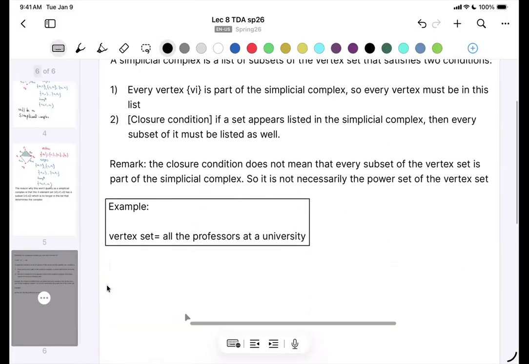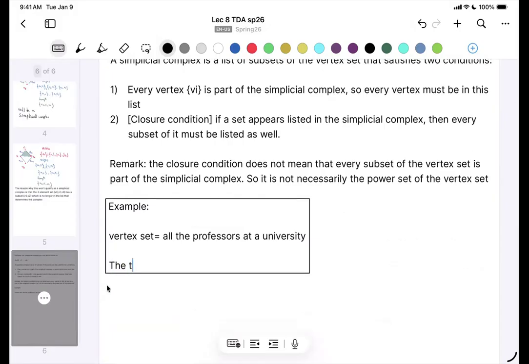And then you want to say that the two element set P1, P2, a set made up of the two professors, belongs to my list of the simplicial complex if they have co-authored a paper. If they are the two authors of a paper.